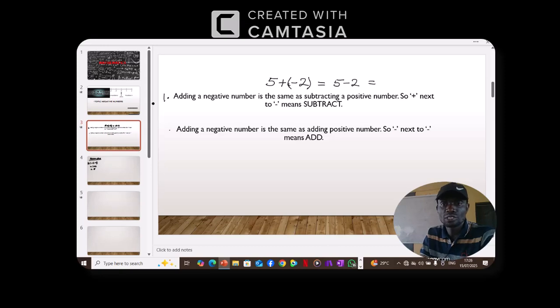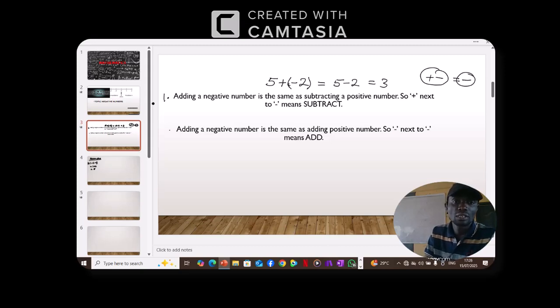So the answer will be 3. Whenever you have plus and then minus together, it means you have to subtract.